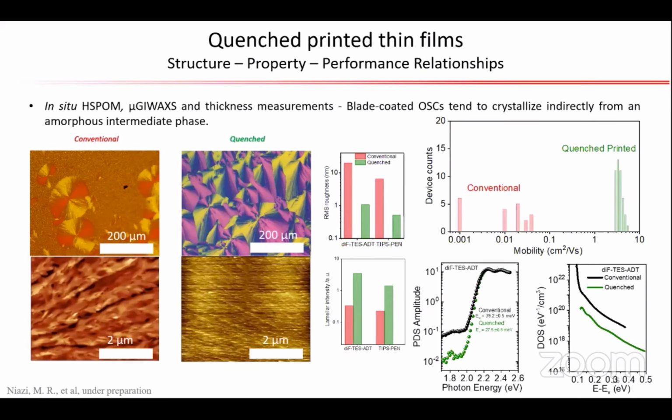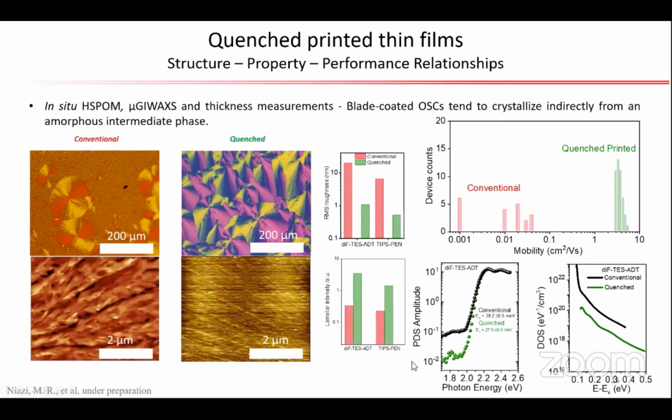As you can see in this top plot, there was a 1 to 2 order of magnitude difference in the charge carrier mobility based on the films processed through the quenched intermediate phase. When we analyzed the density of states in the band gap of this material using the current voltage characteristics, we found an order of magnitude decrease in the trap state density.